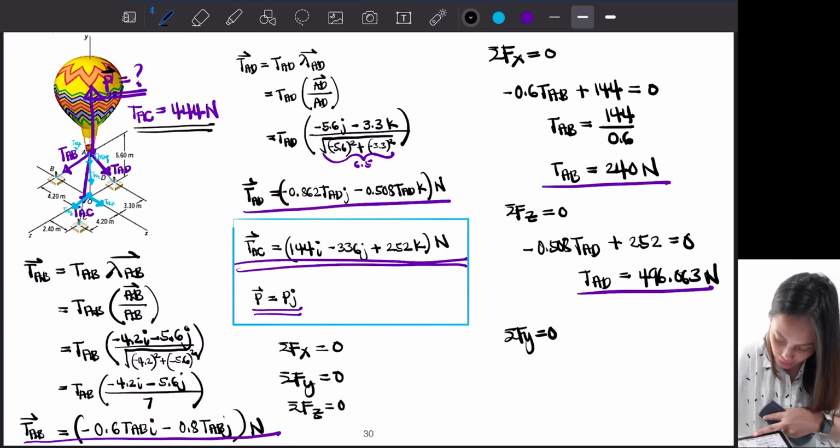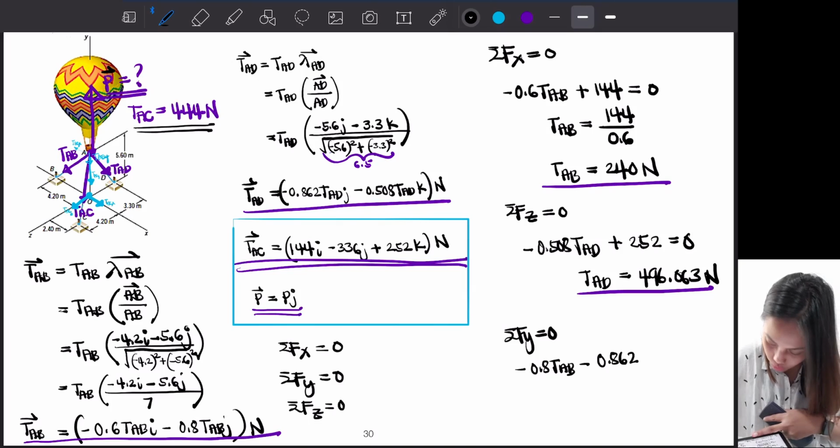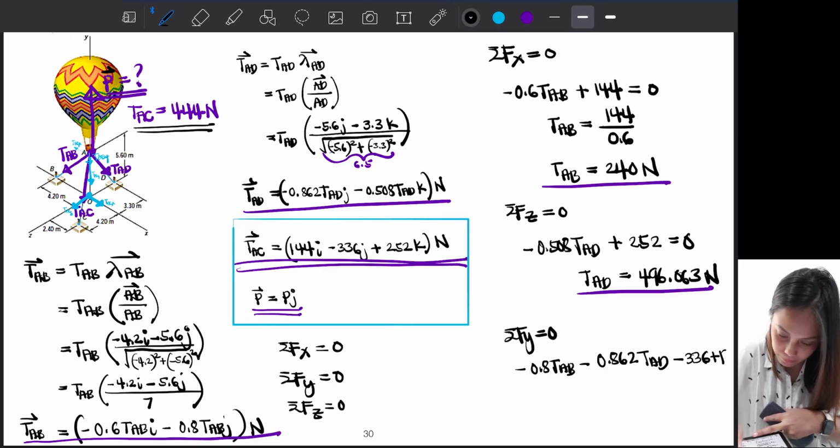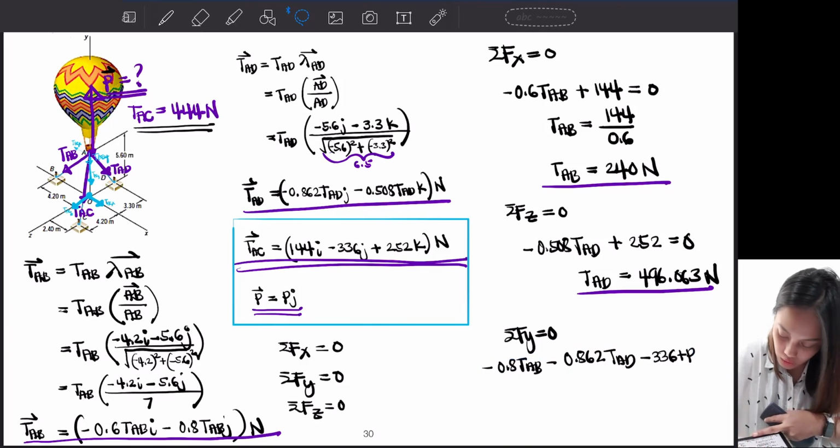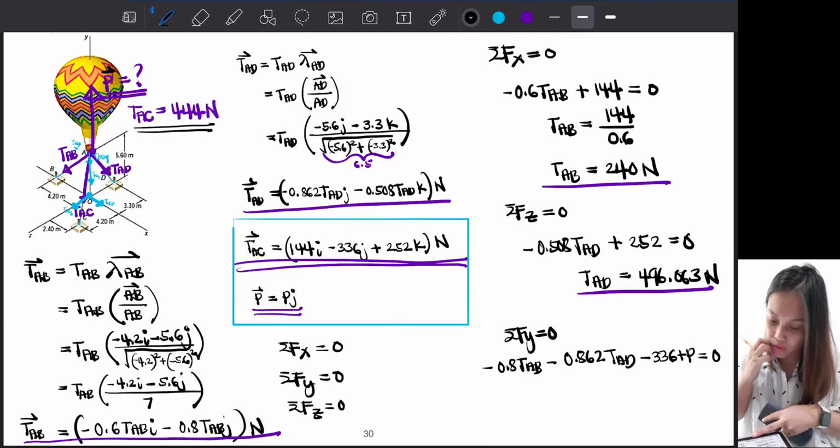So we have negative 0.8 times TAB minus 0.862 TAD minus 336 plus P equals 0.